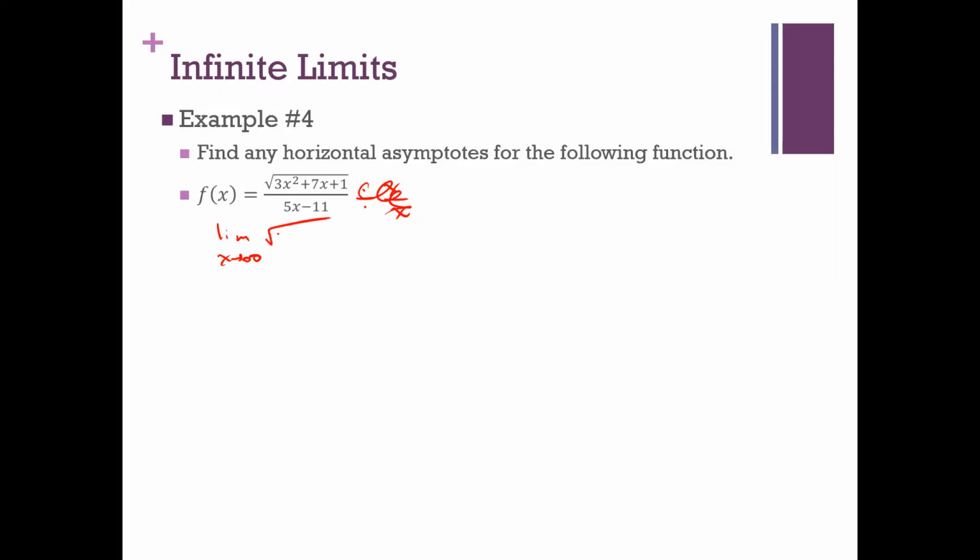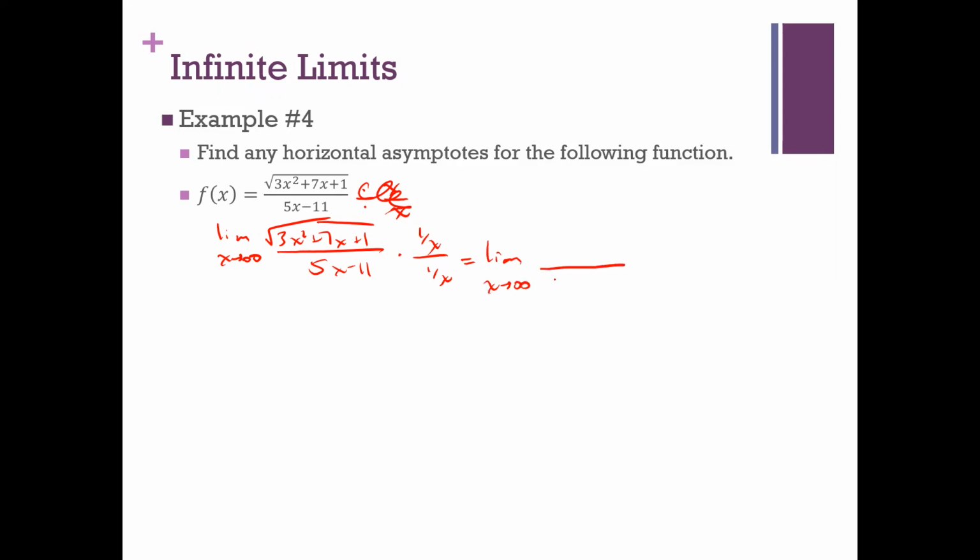So I'm going to multiply top and bottom, numerator and denominator, by 1 over x. With the denominator, it's probably a lot more clear what happens.